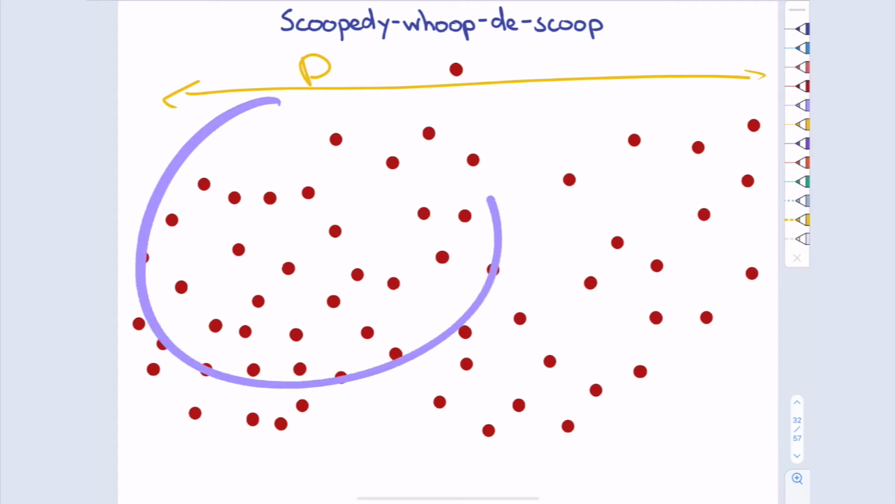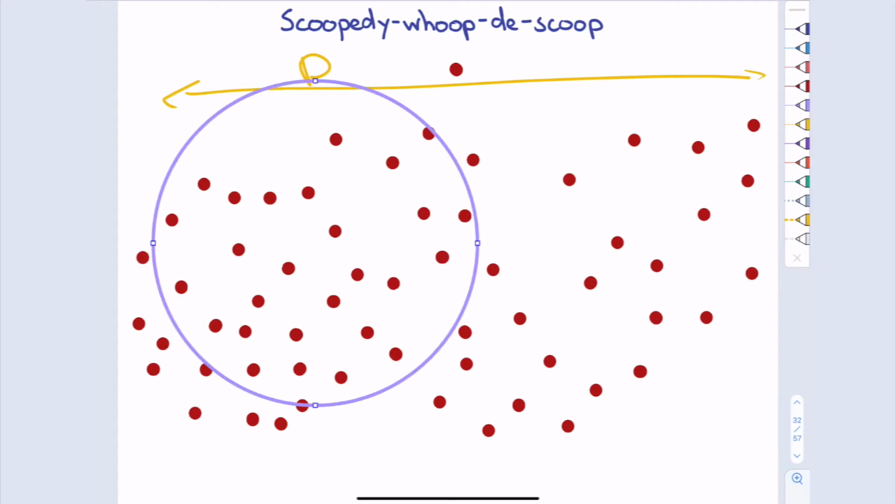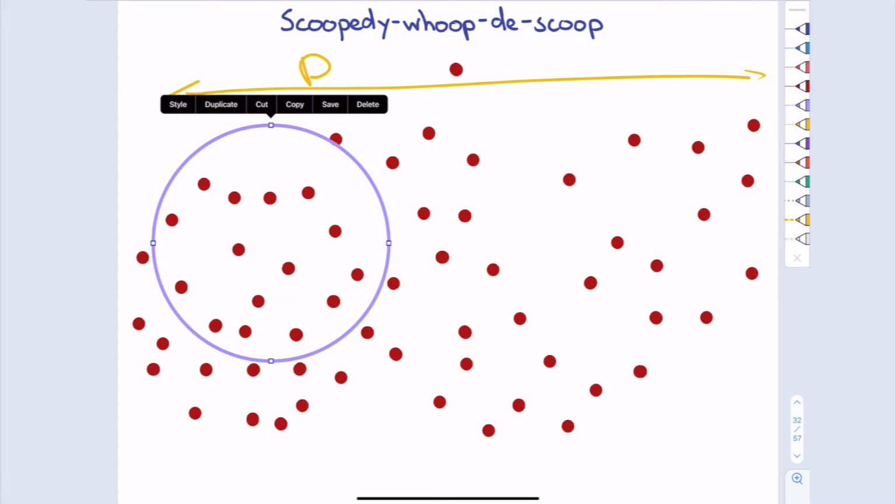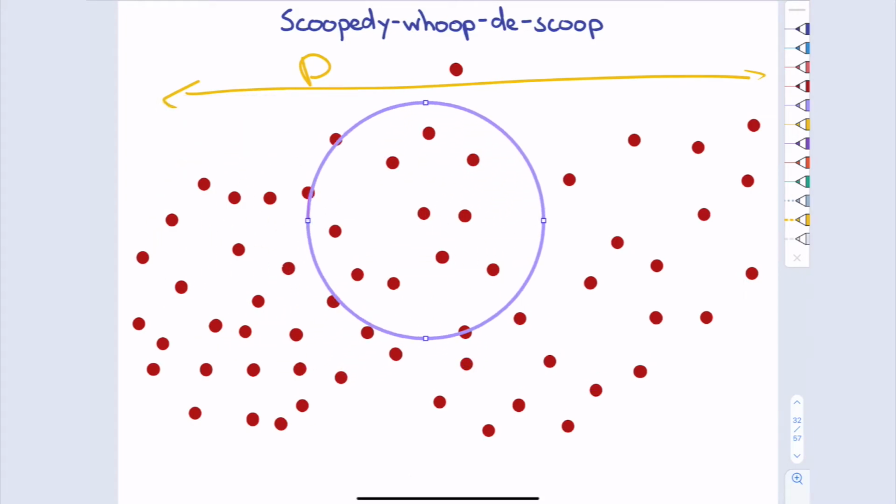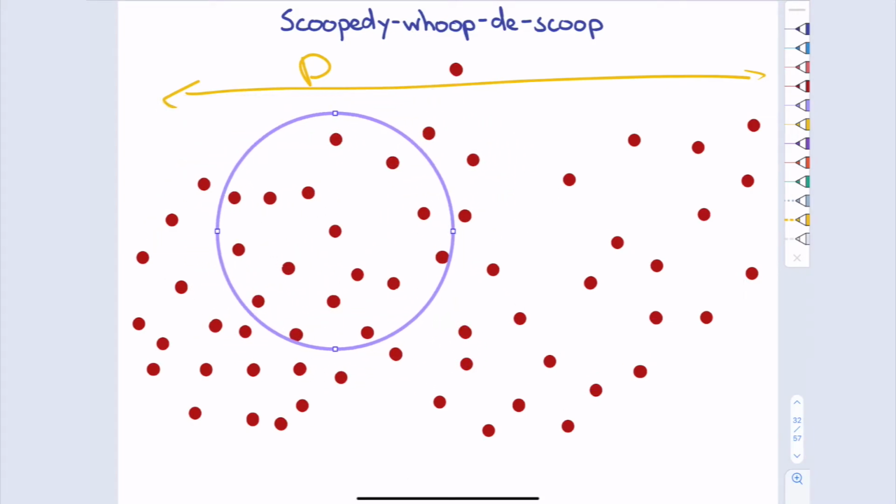So maybe that's d over 4 or something in radius or diameter. The algorithm will go through vertices in random order. Maybe it'll be centered here. Maybe this is the first vertex. It'll scoop those out. And then I don't know what the random second vertex is. Maybe it's this one.